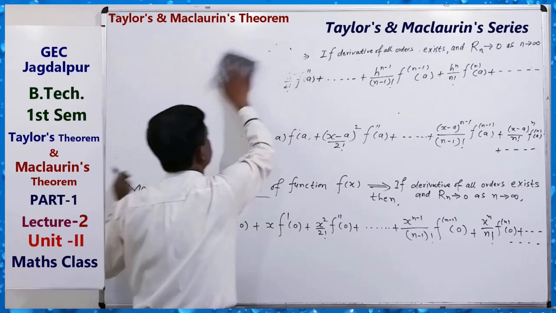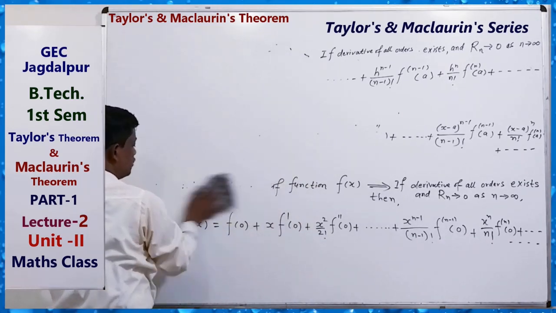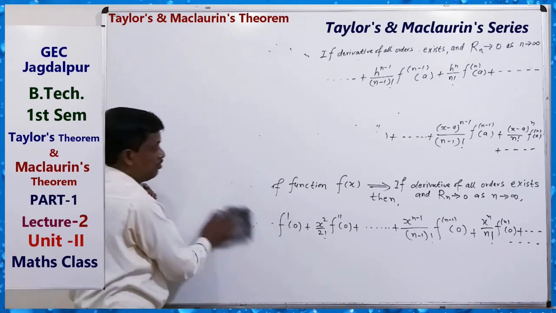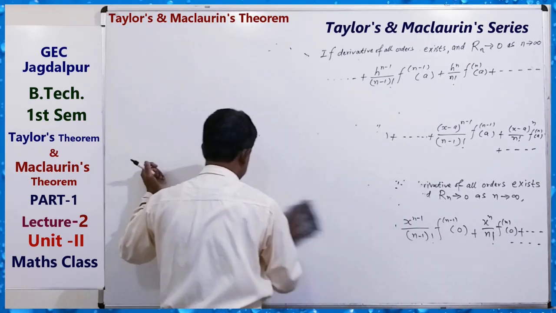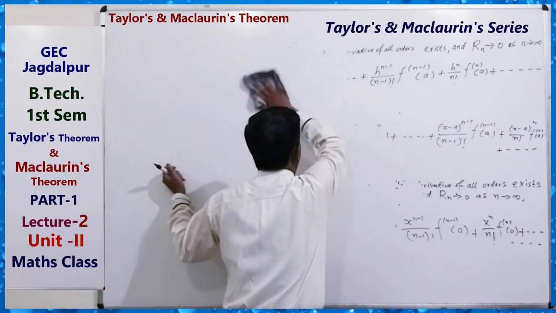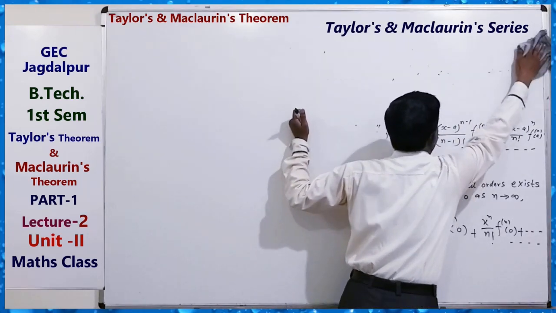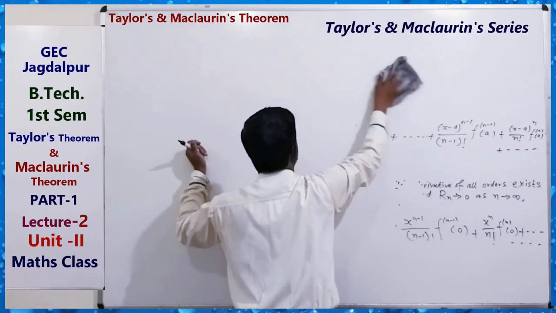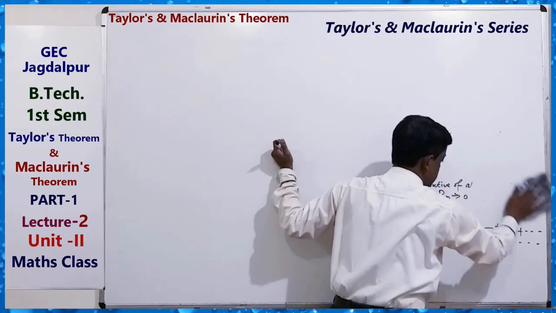Okay, so for verification of Taylor's theorem, just like verification of the Lagrange mean value theorem and Rolle's theorem, first of all we see whether the conditions for Taylor's theorem or Maclaurin's theorem are satisfied or not. Maclaurin's theorem is a particular case, a special case of Taylor's theorem. So the conditions of Taylor's theorem also apply for Maclaurin's theorem.